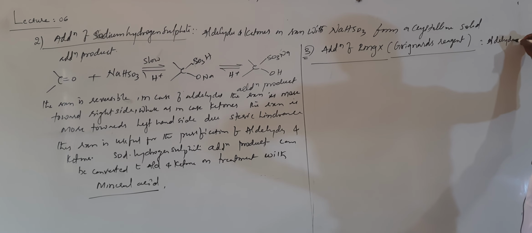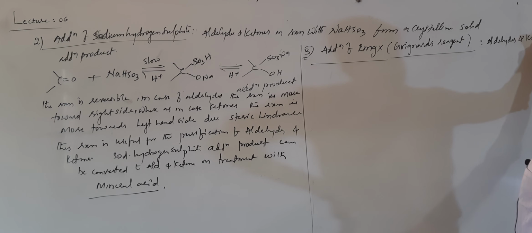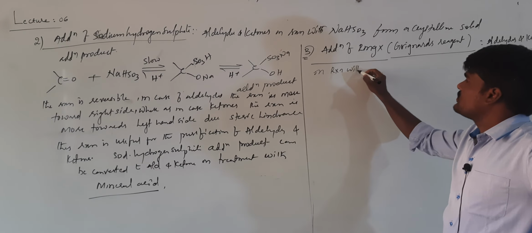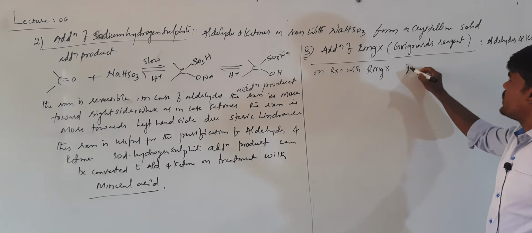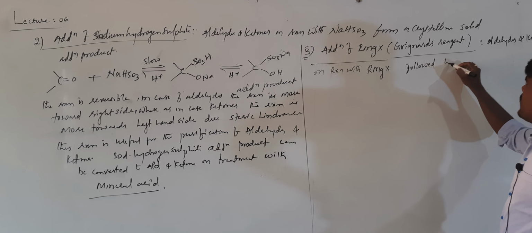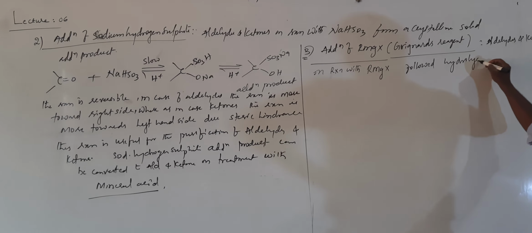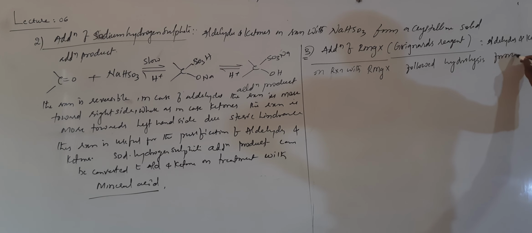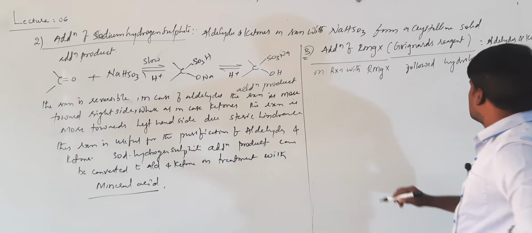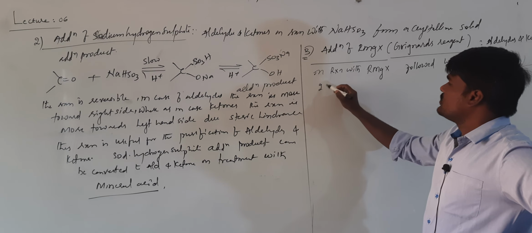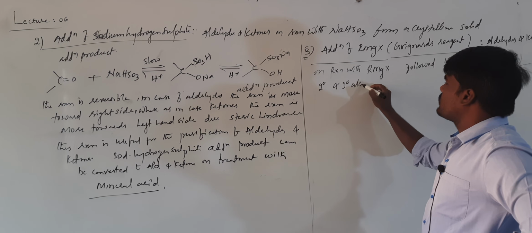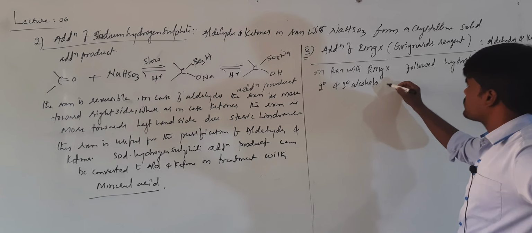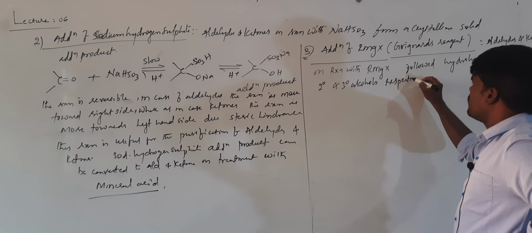aldehydes and ketones on reaction with RMgX, that is Grignard reagent, followed by hydrolysis, form secondary and tertiary alcohols respectively.